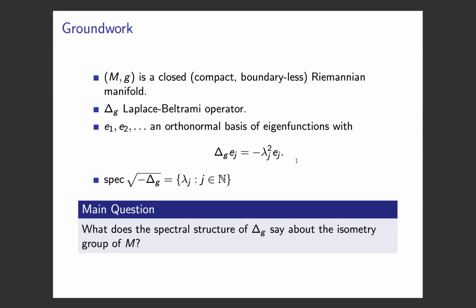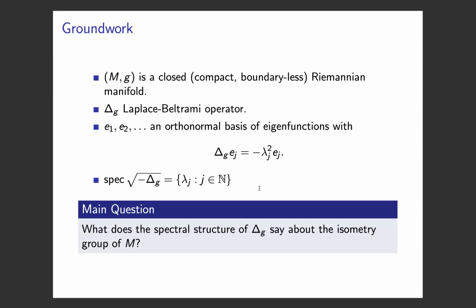This is so that lambda j corresponds more with the frequency of the standing wave with the amplitude of the eigenfunction rather than the actual eigenvalue of the eigenfunction. So the spectrum of the square root of the negative Laplacian, we're just going to say, is the collection of the lambda j's. Of course, they're repeated with multiplicity. That's important. We're not going to neglect that.